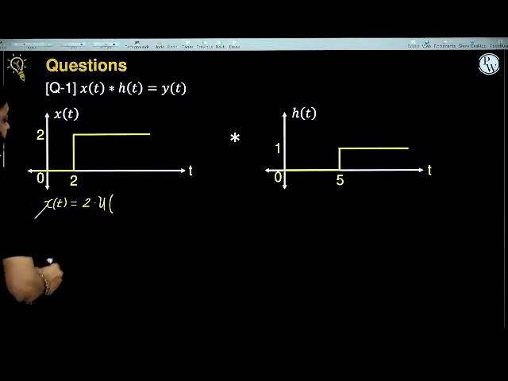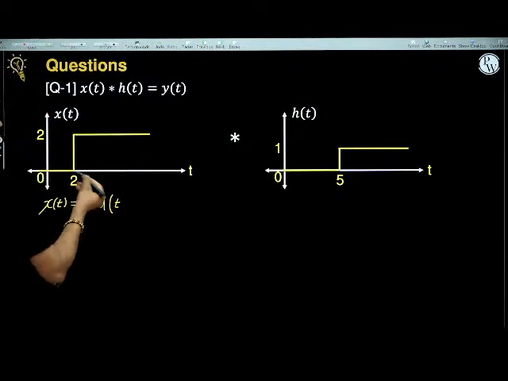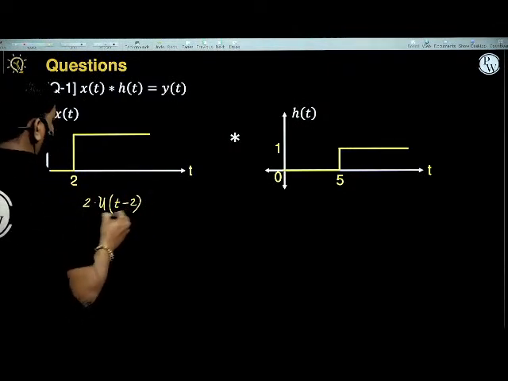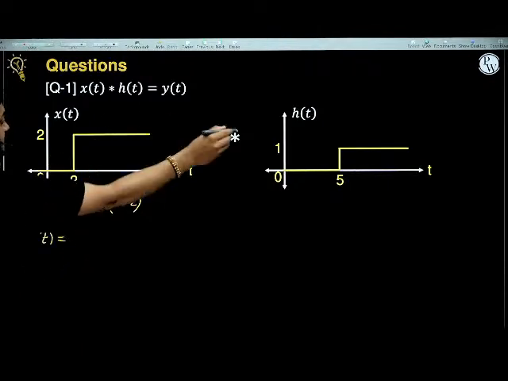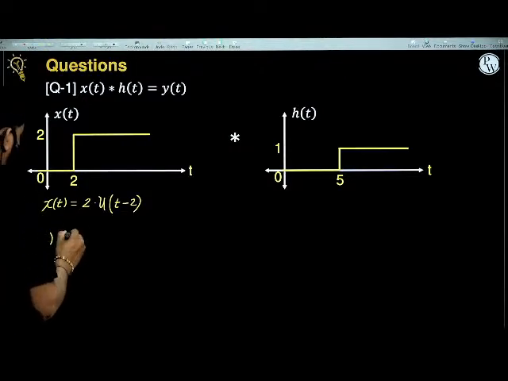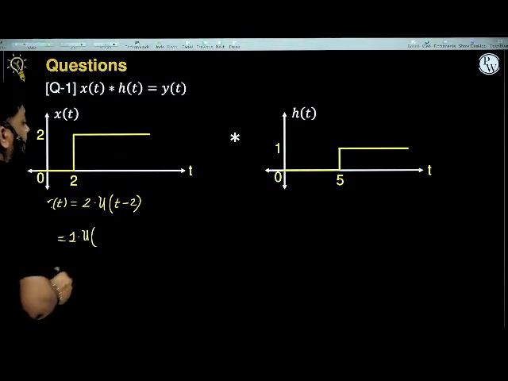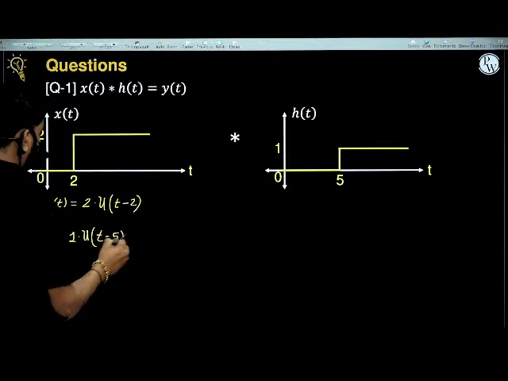Going towards the right side starting from 2 means t minus 2, so simply this is x of t. Similarly h of t: this is also causal, so the resultant signal will be causal only. It is again a unit step with amplitude 1 starting from 5 going towards the right side, that's why u of t minus 5.